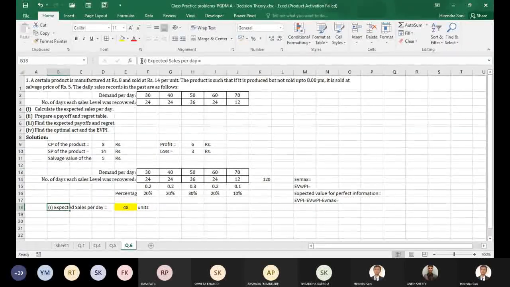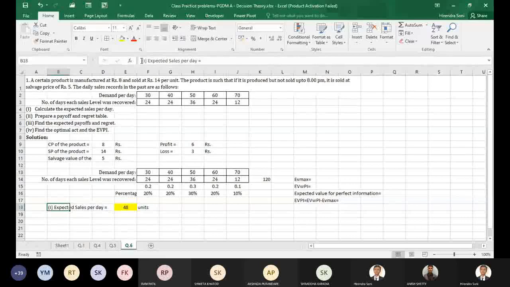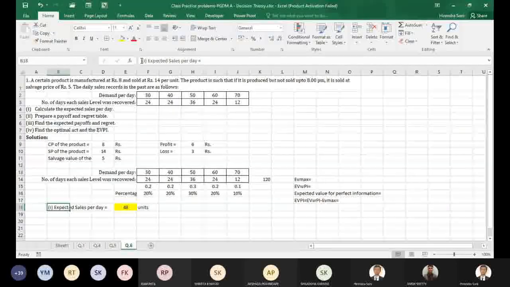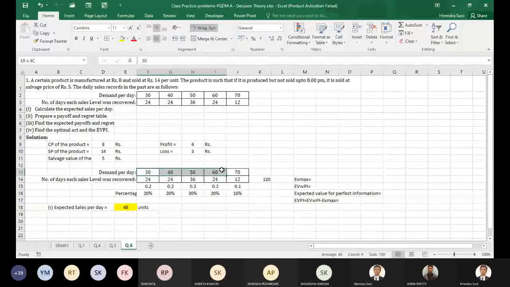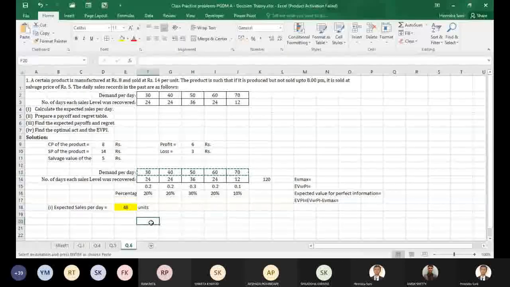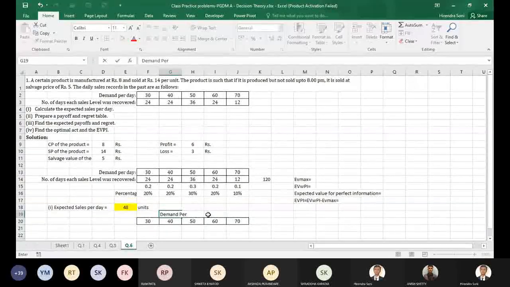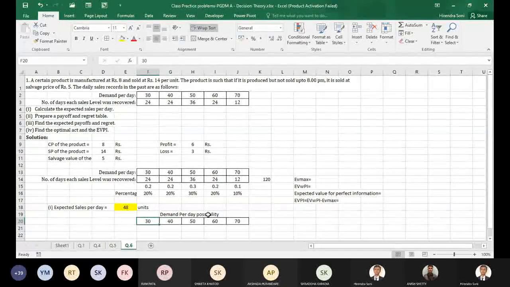Okay. Now it says prepare a payoff matrix and regret table. Now for the payoff matrix, I need to decide how much is the stock that I should maintain. उस हिसाब से मेरा payoff matrix बनेगा. Situation could be something which is not in my control is my demand. ये मेरा demand हो गया. This is my demand per day, possibility, either 30 units, 40, 50, 60, and 70.